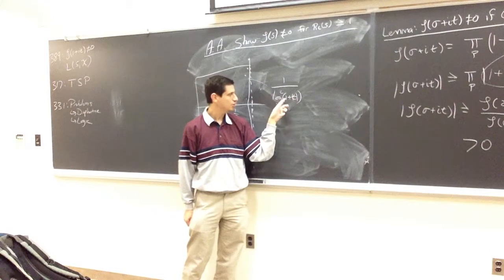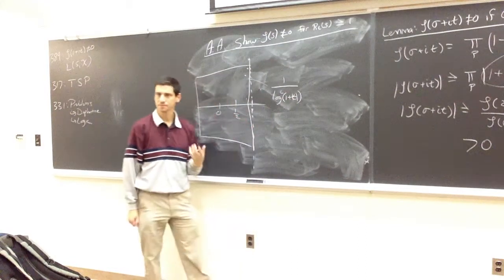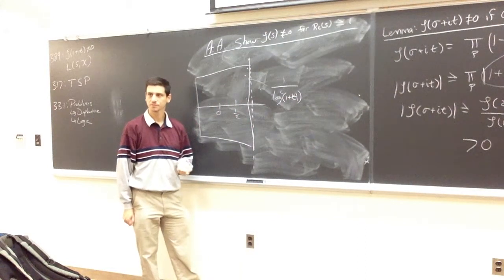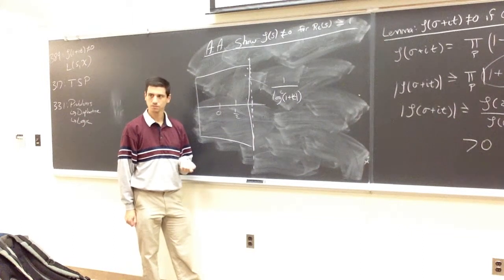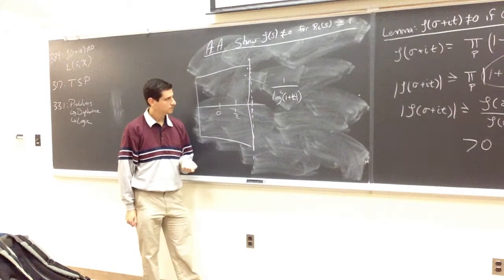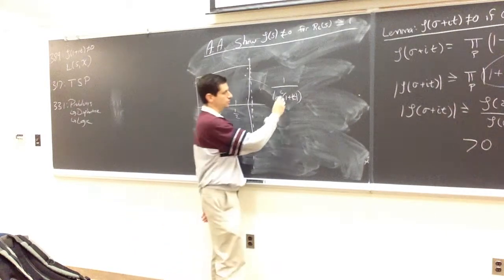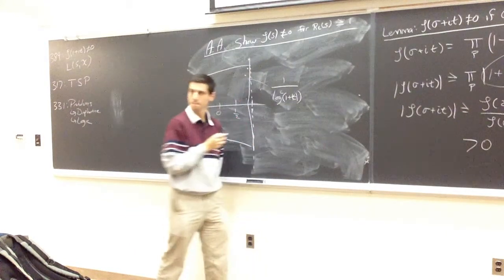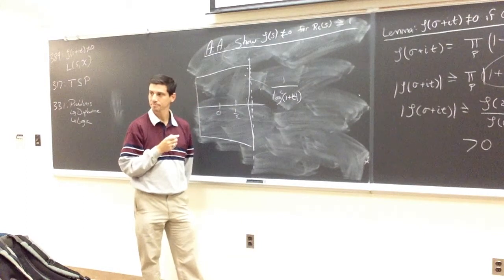Why do we write it as the log of 1 plus absolute value of t? Log of 1 is 0. So maybe I actually should write it as log of 2. No, I thought you were asking why is it plus absolute value of t.